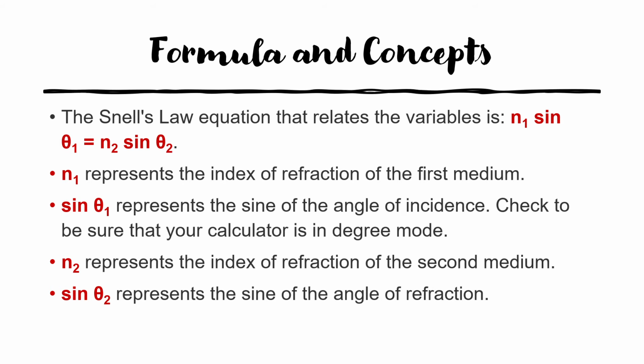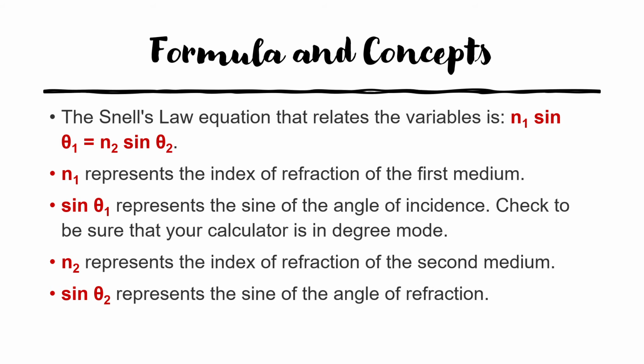Remember, n is the index of refraction. So n1 represents the index of refraction of the first medium. Sin of angle 1 represents the sine of the angle of incidence. Check to be sure that your calculator is in degree mode. The standard mode of calculators is degree mode, so as long as your calculator is set normally, it is going to be in degree mode.